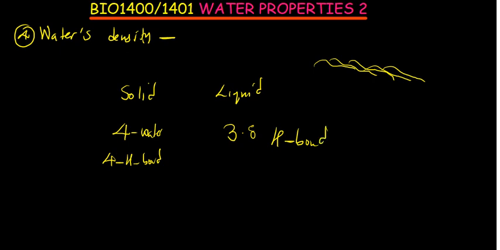You can't say there are exactly 3.5 hydrogen bonds, no, it's an average. Unlike in solid, where each molecule is bonded to four other water molecules, so it is going to form four hydrogen bonds.